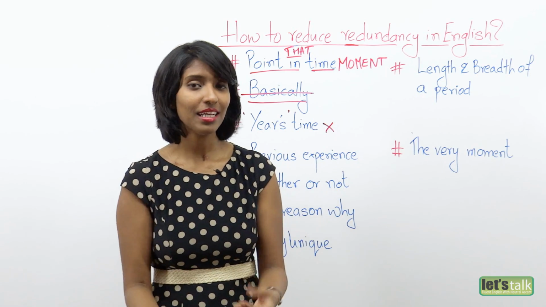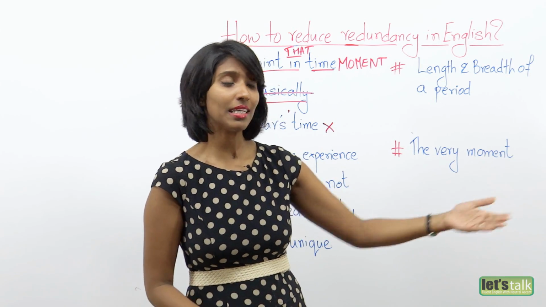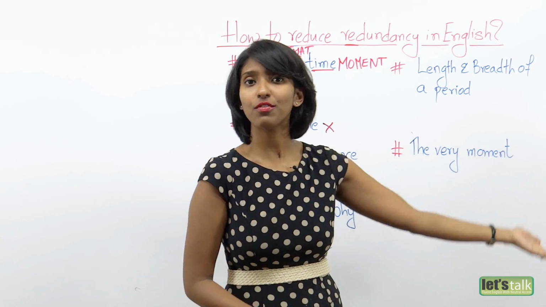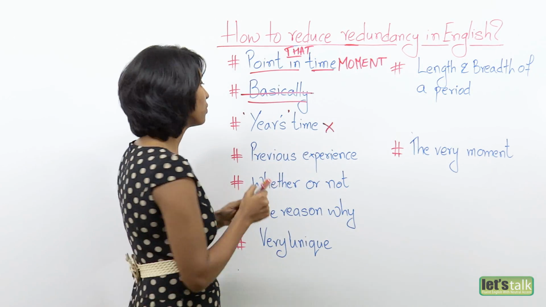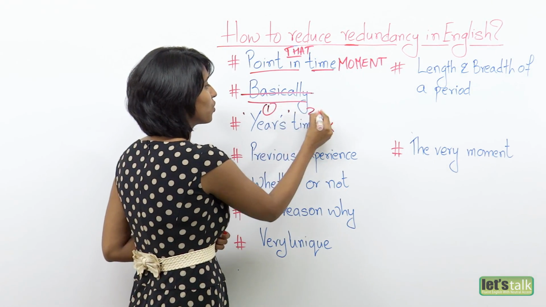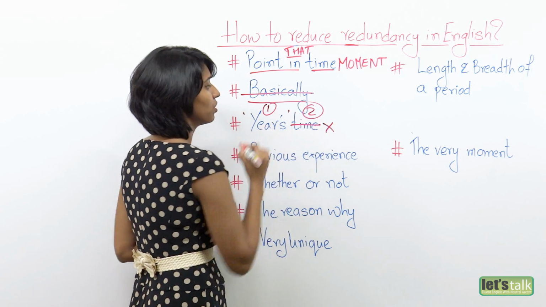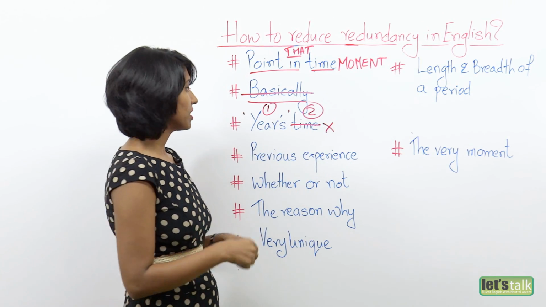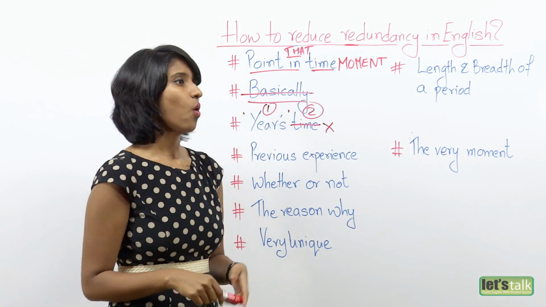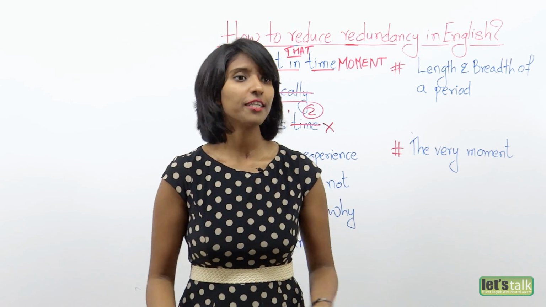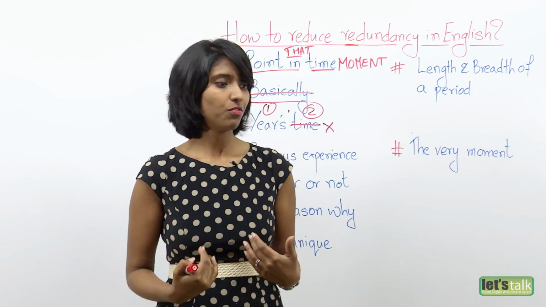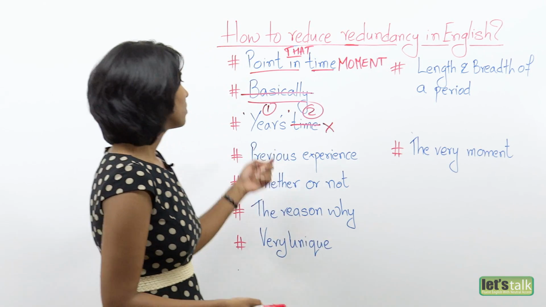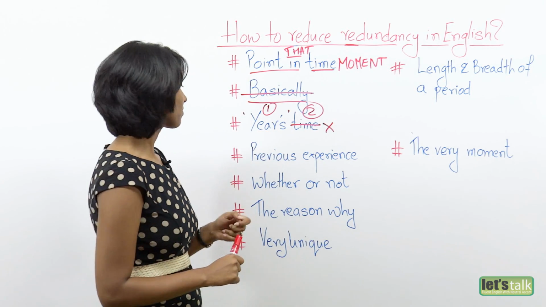You can actually say, in 10 years, you will see the city developed in this particular fashion. You don't really need time because you're talking about time twice. So please do not use time when you're saying in 3 years' time or I will be a doctor in 5 years' time. No, I will be a doctor in 5 years from now. So years is good enough.